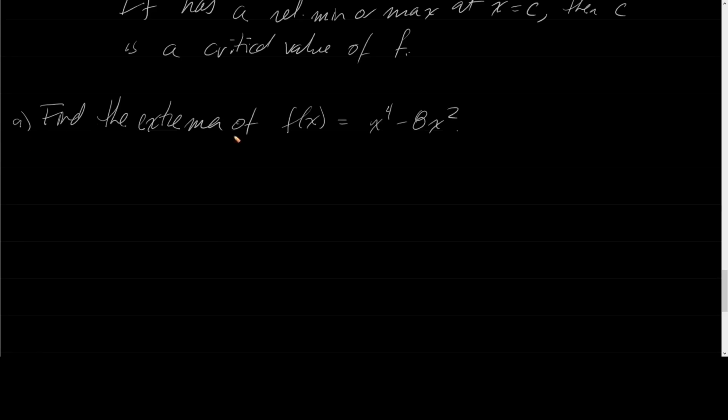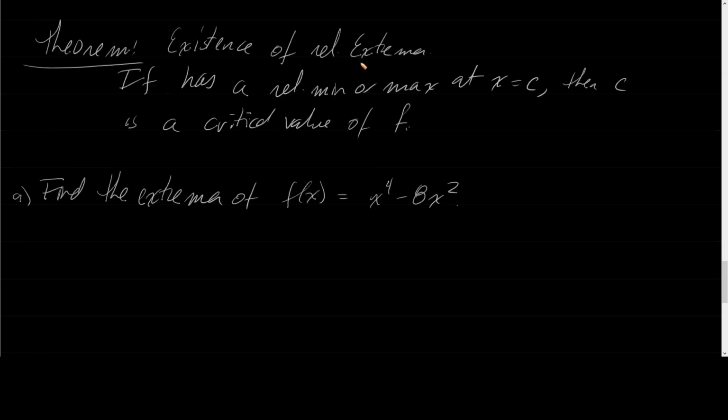From the previous theorem, we needed to look for the critical numbers, so let's go ahead and look for critical points. Recall that tells us that either f prime of c is equal to 0 or f prime of c is undefined.